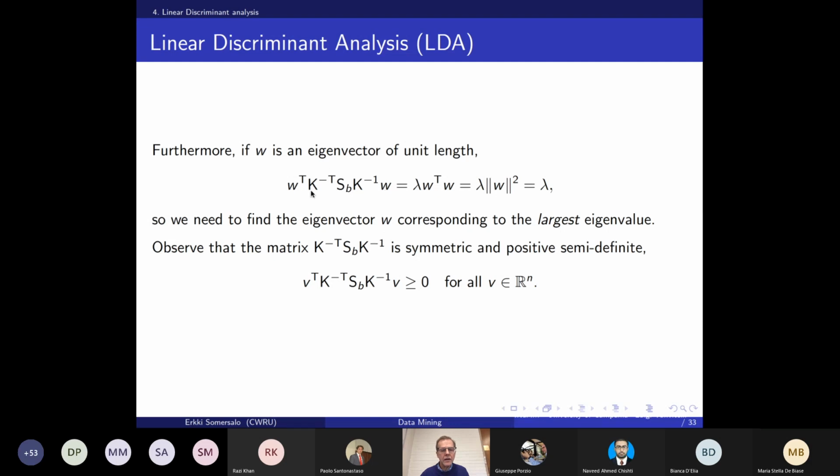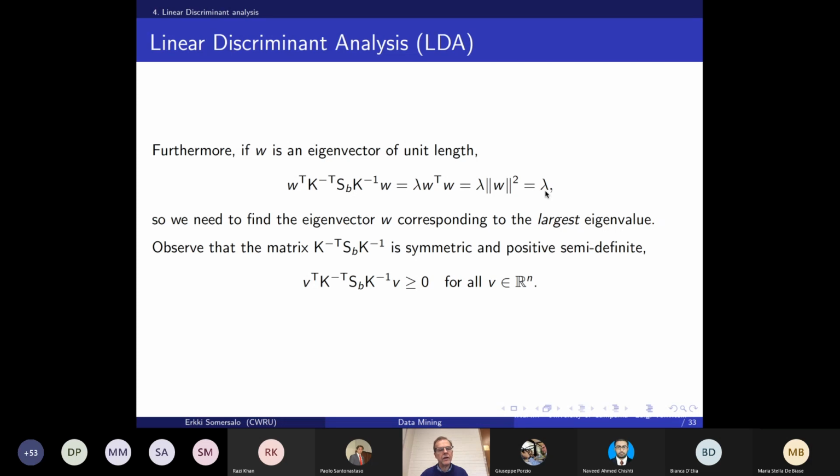I use the fact that W is an eigenvector of my matrix, so this expression reduces to lambda times W transpose W, which is lambda times the norm of W squared. But W was chosen so that its norm is 1. So the function we are trying to maximize is equal to lambda. In case W is an eigenvector, it will be equal to the corresponding eigenvalue.